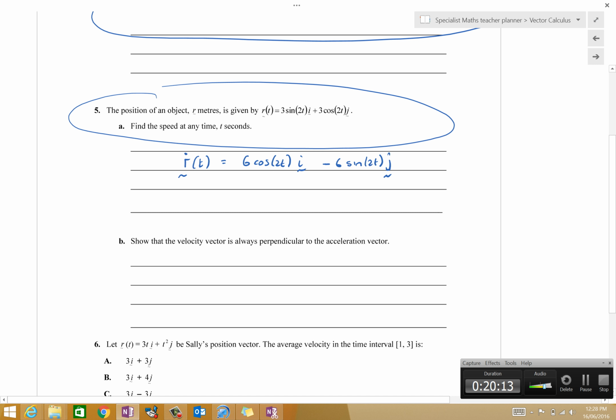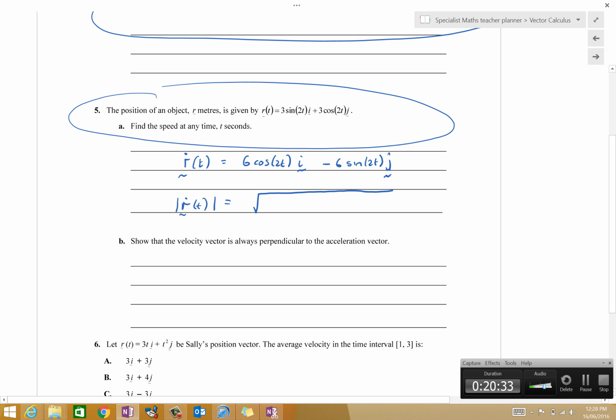So I've derived it, and it says find the speed at any time in seconds. So the speed is the magnitude of that velocity, which is the magnitude of the x component and the y component.